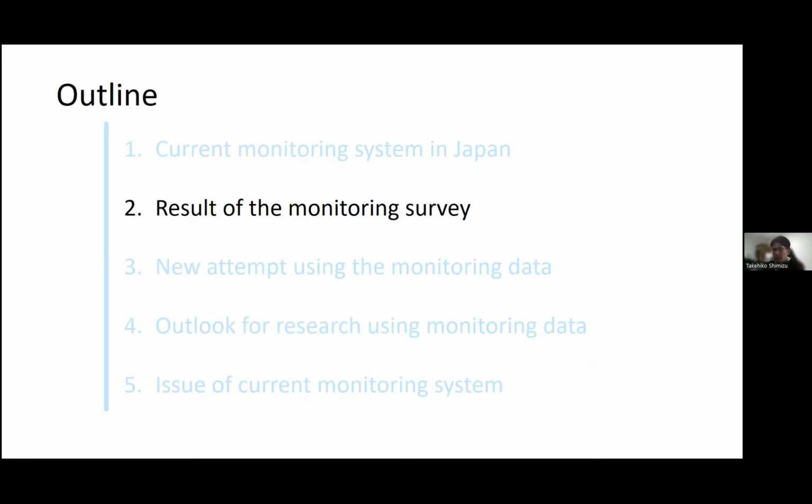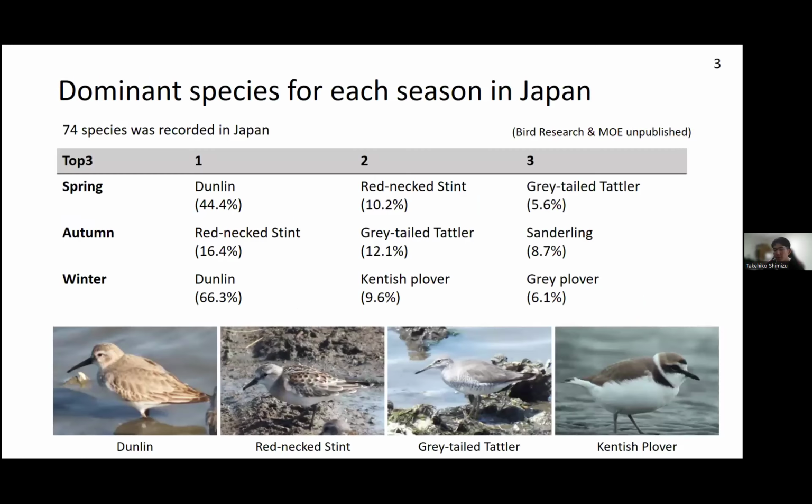Next, I show the fundamental results of the monitoring survey in Japan. Firstly, I show the dominant species for each season observed in Monitoring Site 1000. Although 74 species were observed in Japan, the dominant species were relatively consistent between seasons.